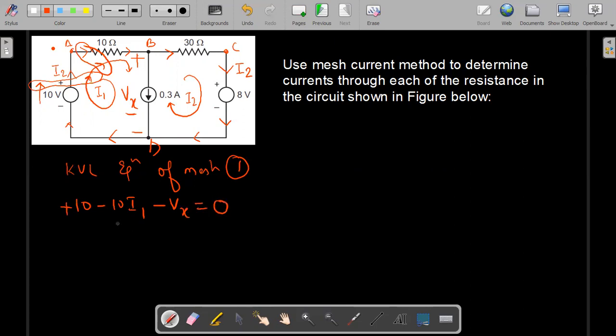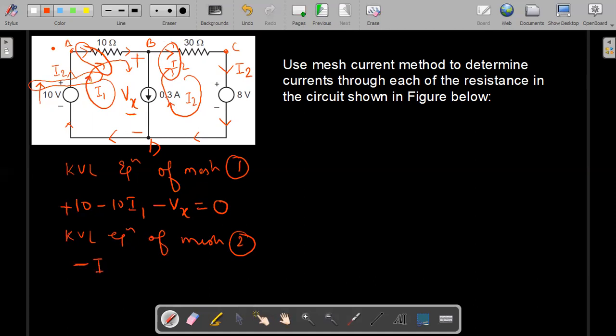Now similarly, we will take the KVL equation of mesh 2, let us say, right? Now here you have the current I2 flowing in this branch, and the direction of the circulating current is matching. So I'll write here minus sign for the matching direction of the current in case of resistance, right?